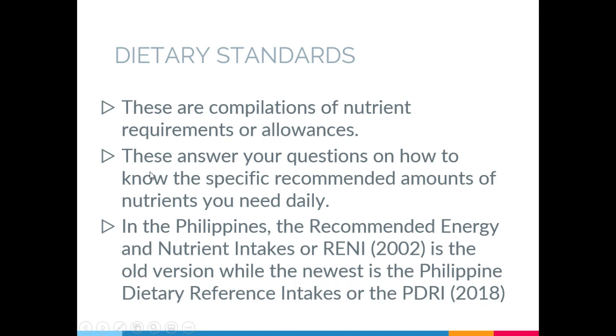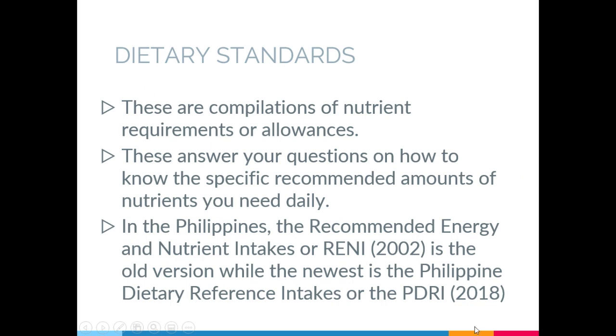Okay? So, kung gusto ta makabalo kung pila atong kinahanglan sa kada adlaw per nutrient, for example vitamin A, pila atong kinahanglan nga vitamin A daily or per day, then we have to refer to our dietary standard.